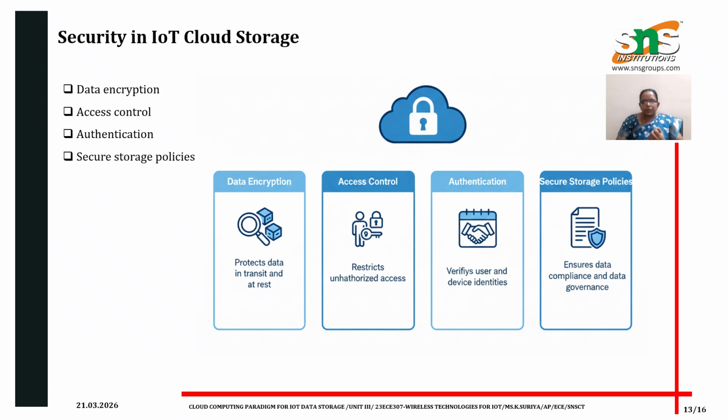Access control restricts unauthorized users from accessing the data. Authentication verifies the identity of the users and devices, and secure storage policies ensure that the data integrity and confidentiality is achieved. So, implementing these security measures is essential for building trust in the IoT systems.